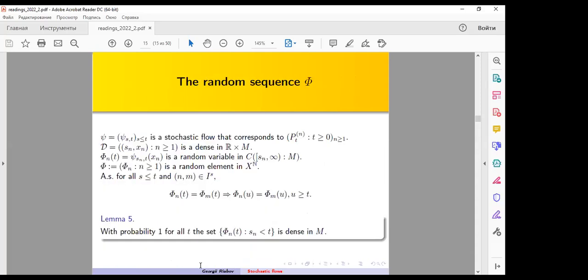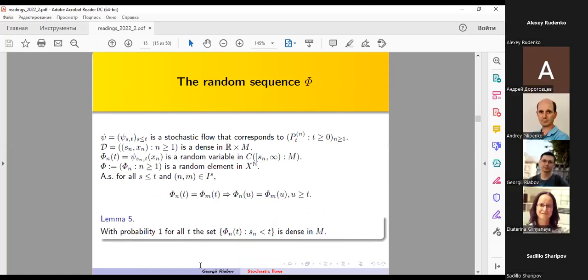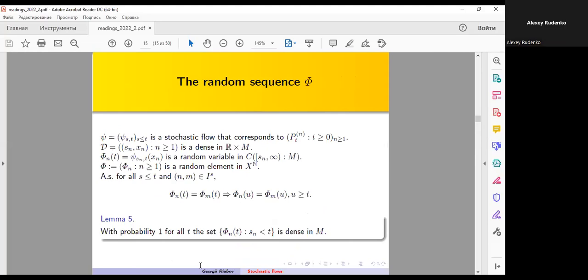Now what I want to do is take a stochastic flow and take a countable number of trajectories from this flow.